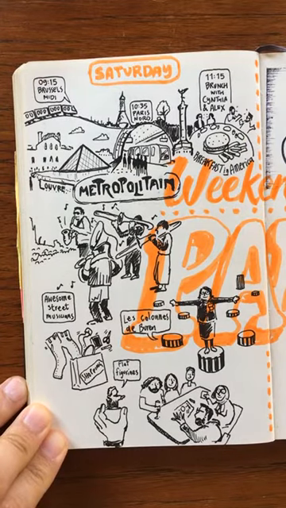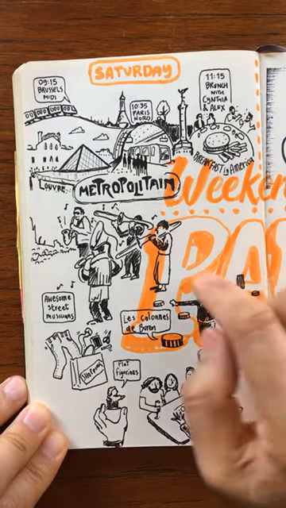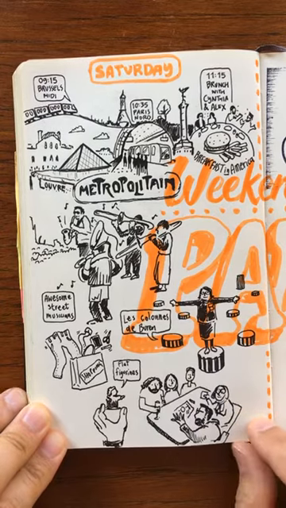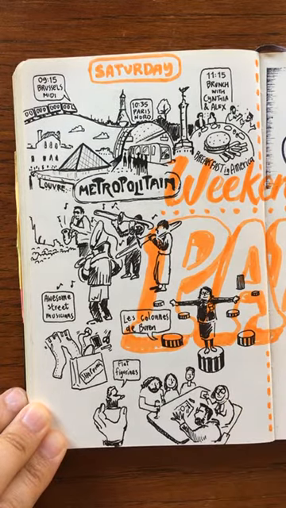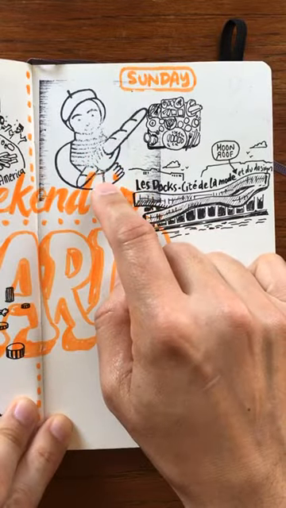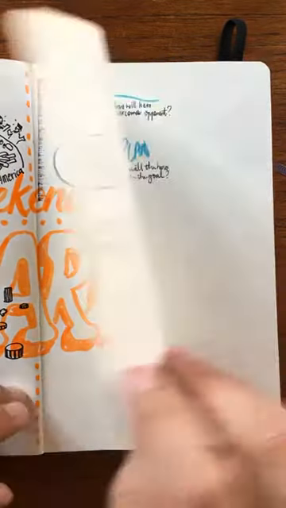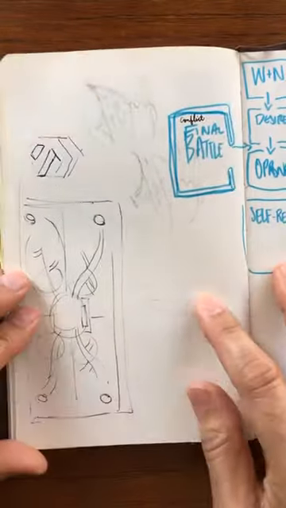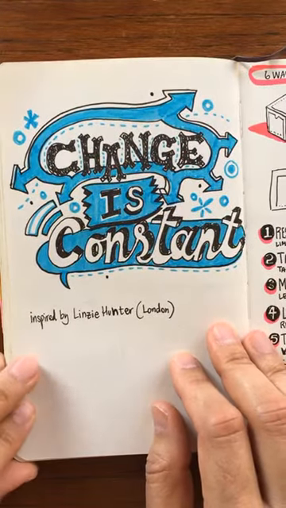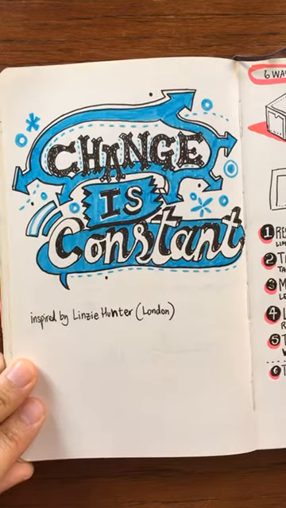You go to Paris to eat American burgers. So this is just various sketches I took while we were walking around the city. Stamp, I think that was from the Moleskine Center. Random doodles. Change is constant. Oh yes, it is.